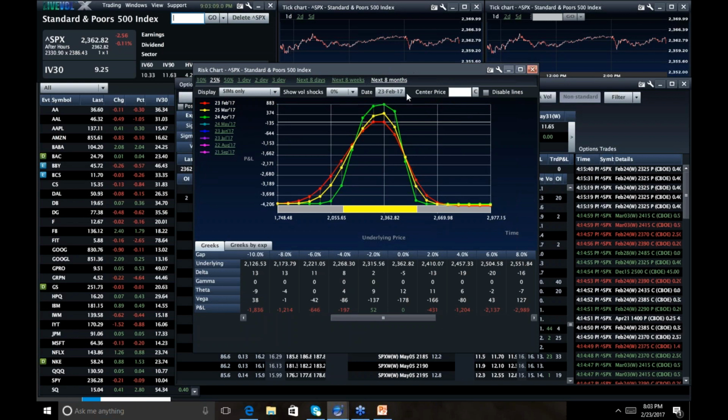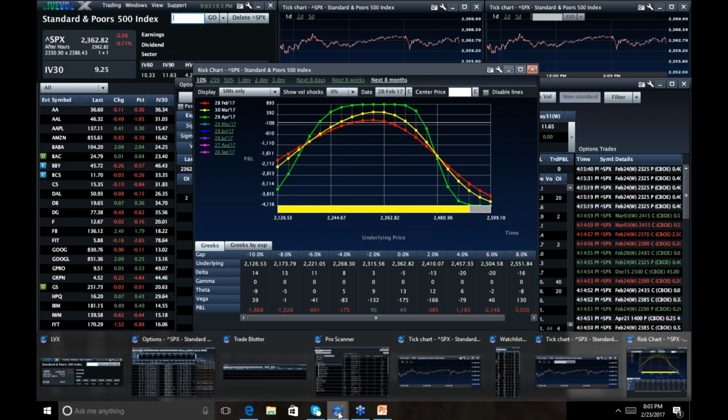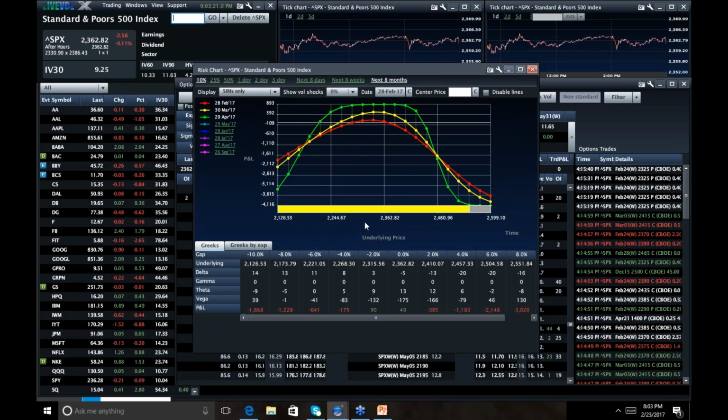Here it is getting pretty close to expiration. And there's my iron condor. Not a bad little spread. So I'm trying to make 1,000 against 4,000.